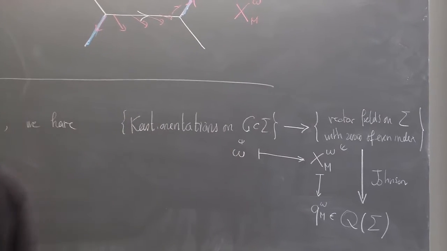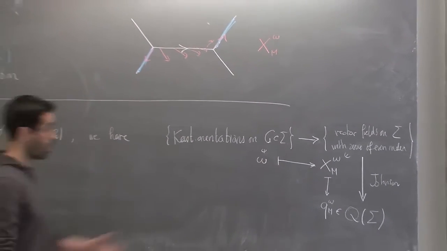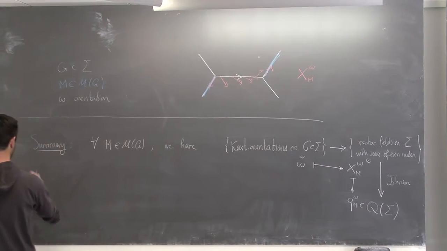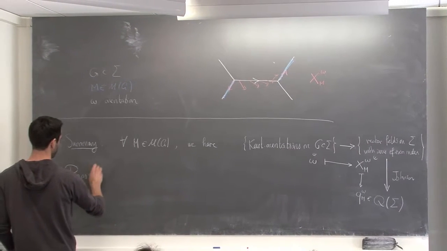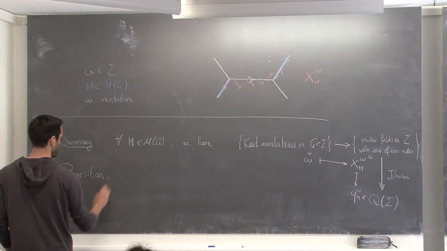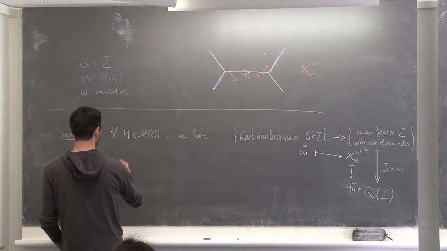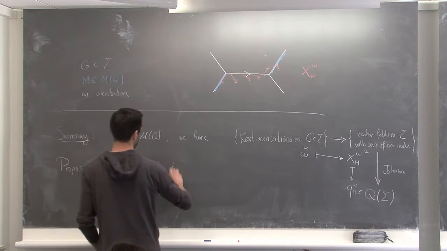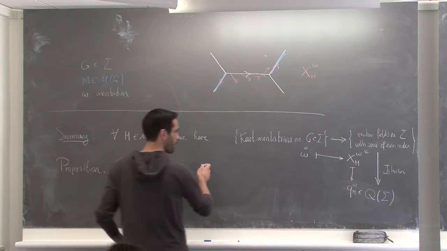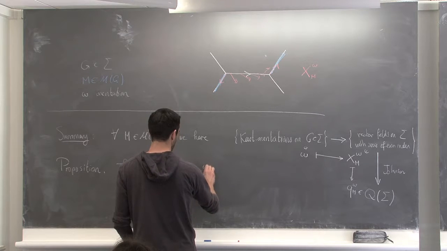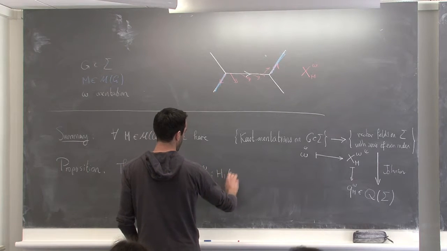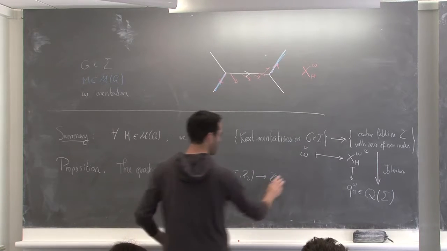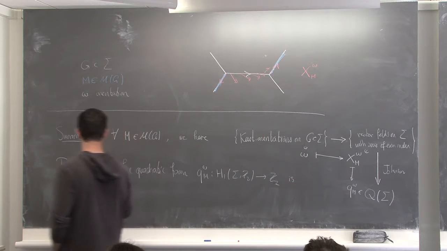So now since it's explicit, I can actually give a precise description of this map here. So that's the next proposition. The quadratic form Q omega m, defined on H1 with values in Z2, is characterized by the following property.